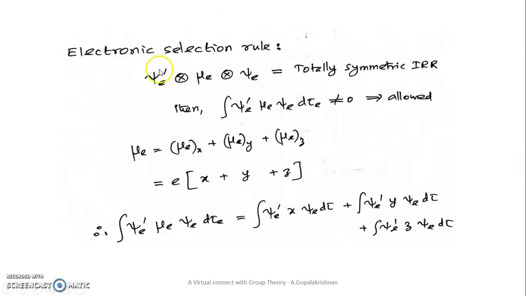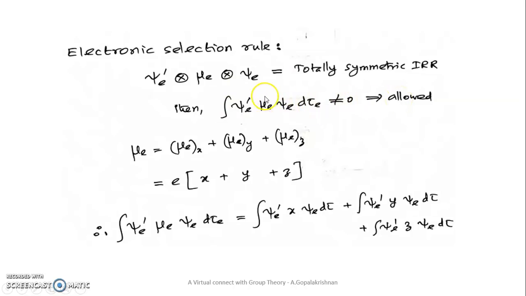So the direct product of psi e prime, mu e and psi e, if it belongs to or contains the totally symmetric irreducible representation, then that integral becomes non-zero. If the integral is not zero, then the transition is an allowed transition.